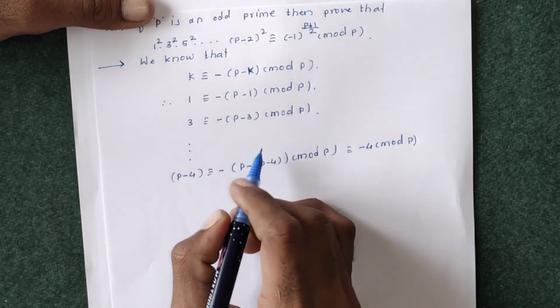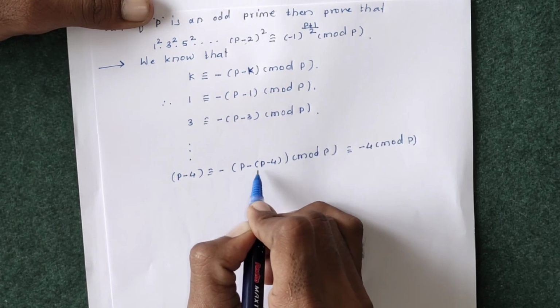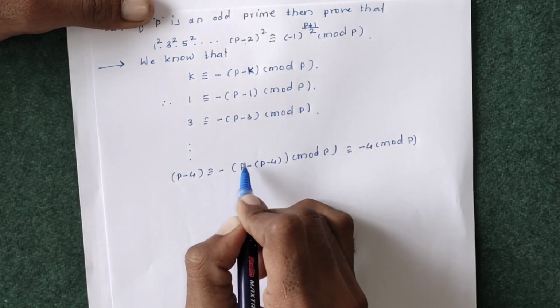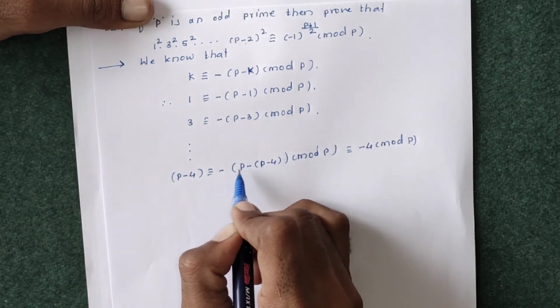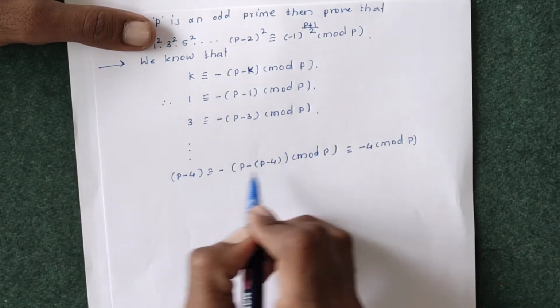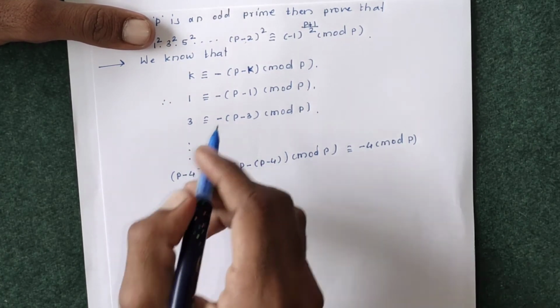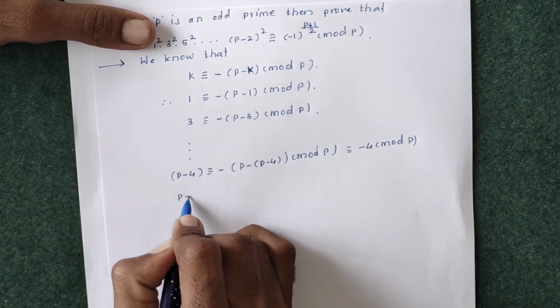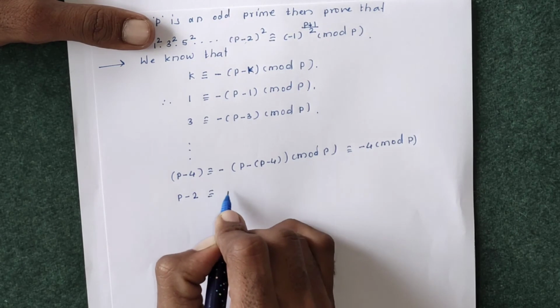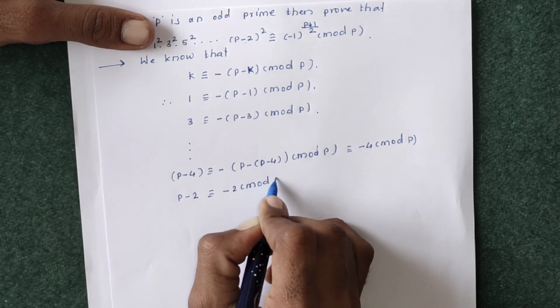Multiplying this minus sign first, we get minus p plus 4. So p minus p gets cancelled, so plus 4 into this minus 1, so p minus 4 is congruent to minus 4 under modulo p. And for p minus 2, similarly we can write p minus 2 is congruent to minus 2 under modulo p.